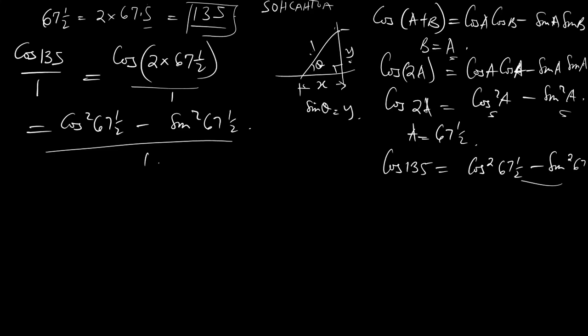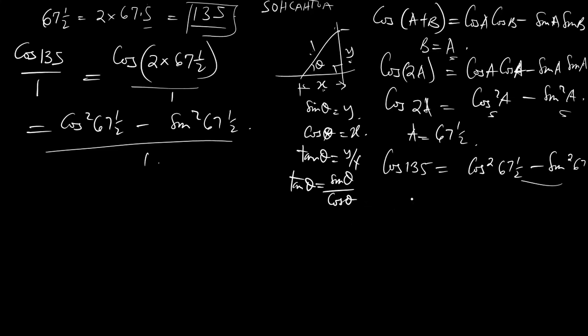Then cos theta is the adjacent, x, x divided by 1 is x. Now tan theta is opposite over adjacent, which is y over x. So tan theta is equal to sin theta over cos theta.